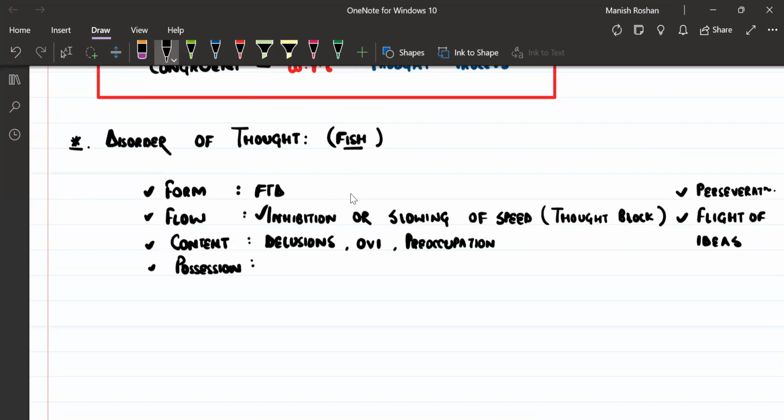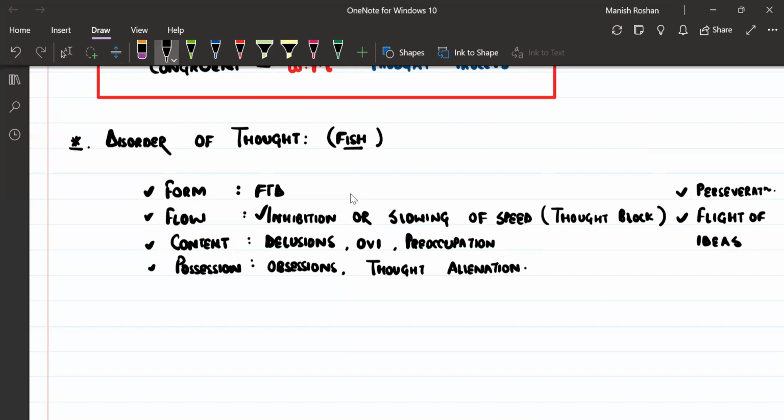In possession, we can write regarding obsessions or alienation. So whenever we are describing disorder of thought, as has been given in Fish, we can label various psychopathology under these four headings.